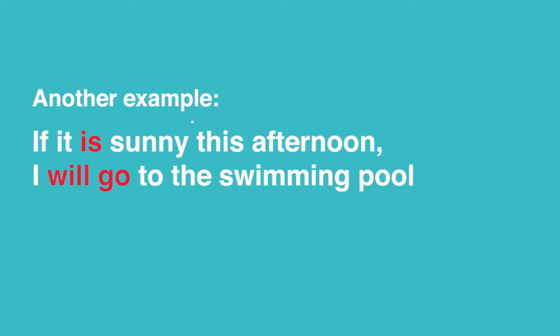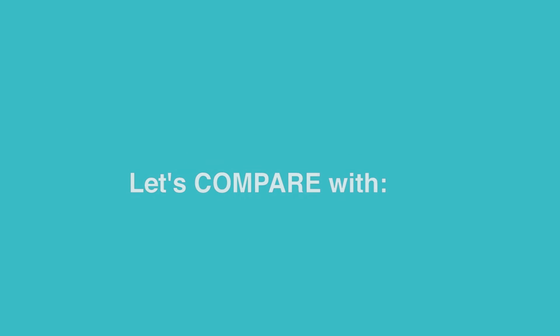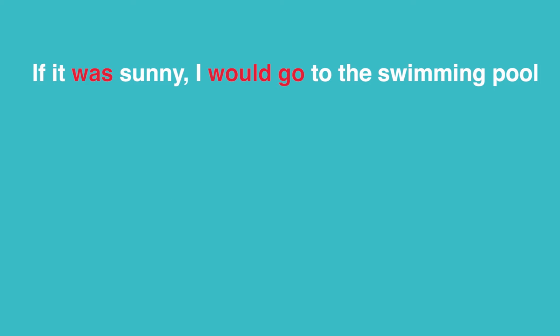Here's another example. If it is sunny this afternoon, I'll go to the swimming pool. Yes, using the present, it is, and then the future with will go. Okay, let's compare it with the original example in the intro. If it was sunny, I would go to the swimming pool. Notice this has got if it was sunny, was in the past, I would go to the swimming pool, and using the conditional.